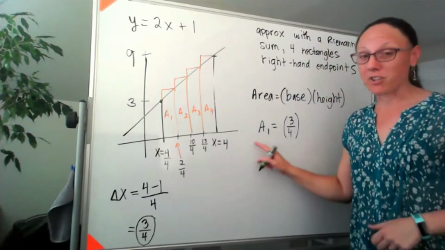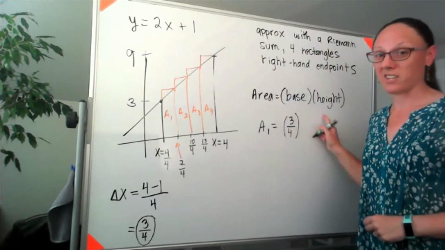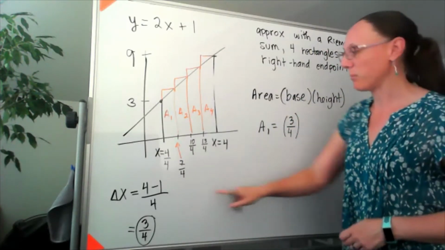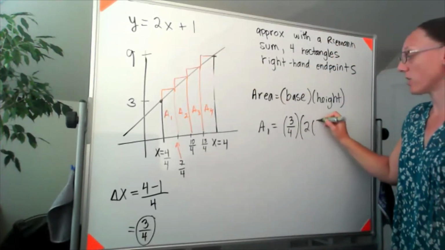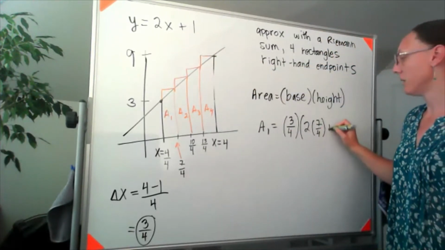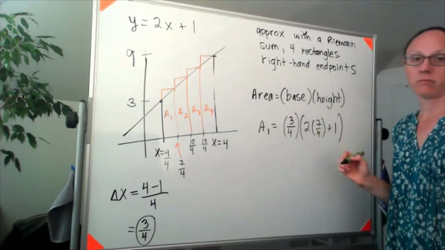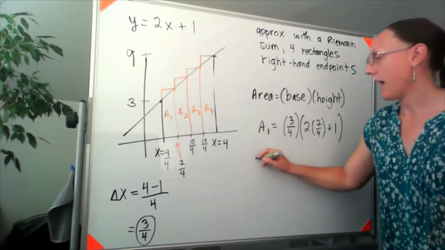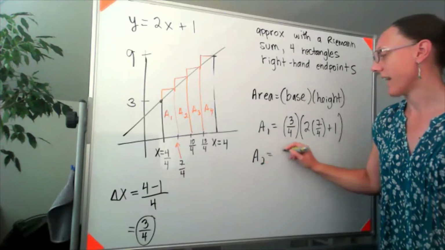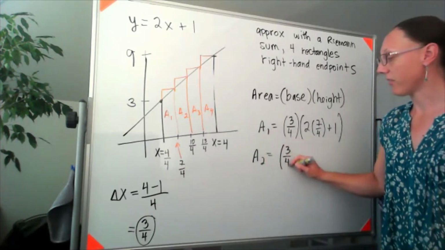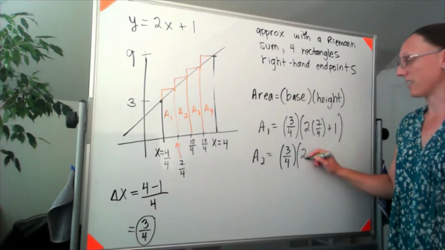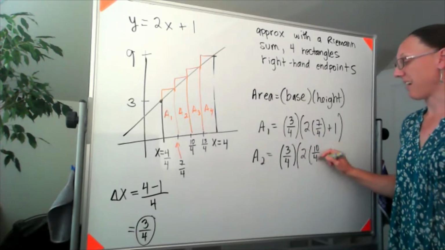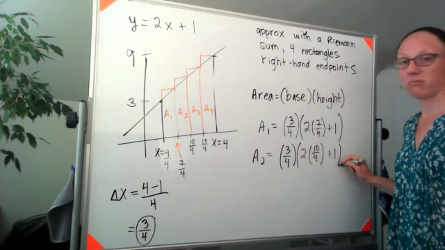So the area of my first rectangle would look like 3/4 because that's the base, and I'd get the height by taking 7/4 and plugging it into the function. So I'd have 2 times 7/4 plus 1. And then the area of my second rectangle would still have that base of 3/4, but now I'd be looking at 2 times 10/4 plus 1.